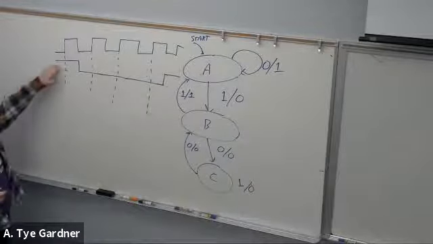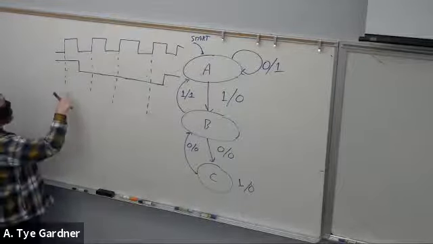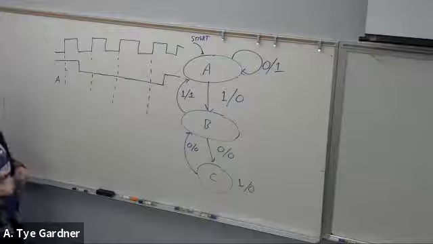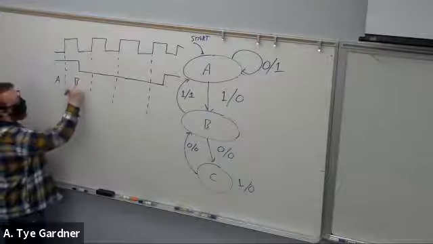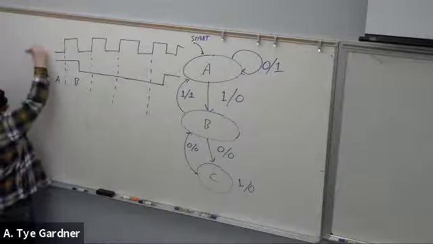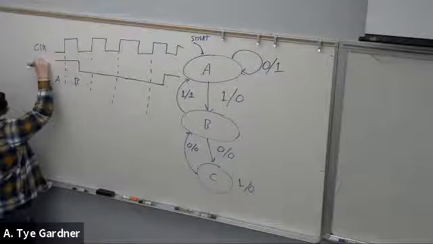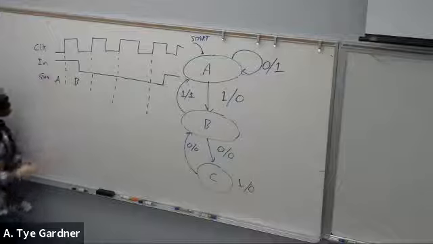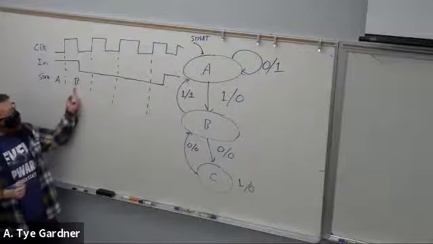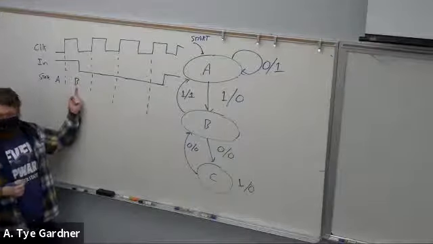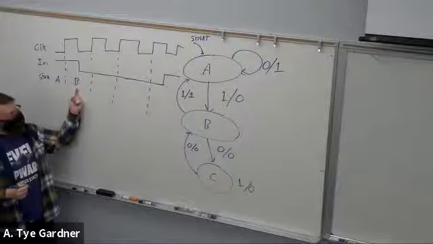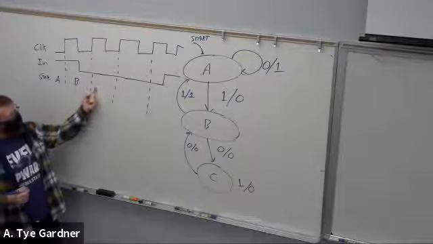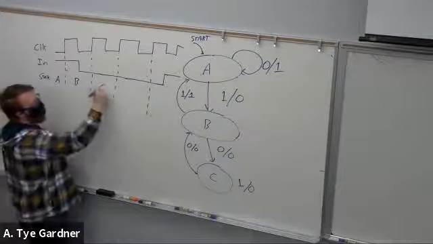Okay, so I say if I started in A and I get a 1, I move to B. So I'll write this clock input state. Okay, now I'm in state B and I'm moving to state C because I got another 0, right?